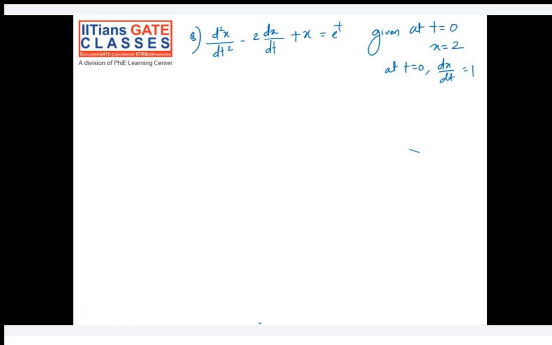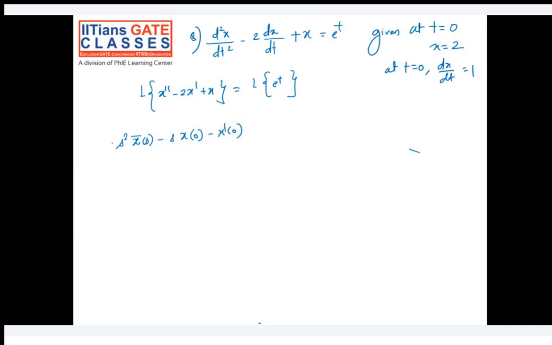So this is a non-homogeneous differential equation. As a first step, we should take the Laplace transform on both the sides. So Laplace transform of x double dash minus 2x dash plus x will be equal to Laplace transform of e to the power t. So what is Laplace transform of x double dash? S square x bar of s minus s x sub 0 minus x dash of 0.